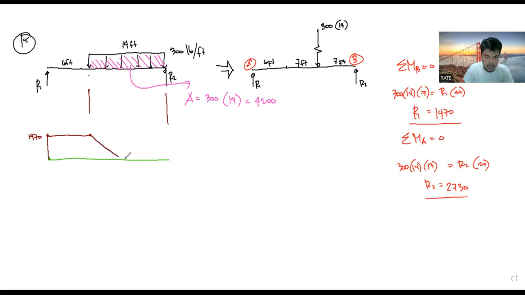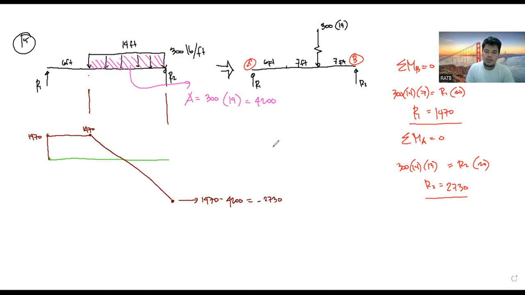So you will end up at this point with 1,470 minus 4,200, which is equal to negative 2730.